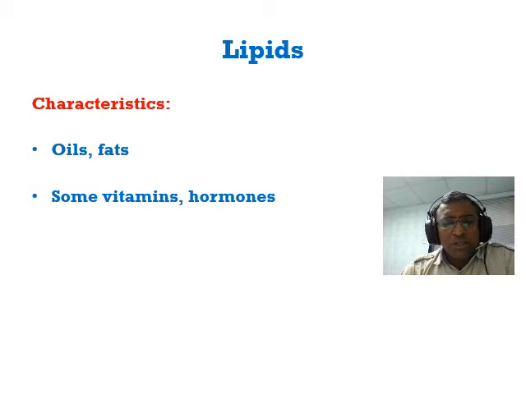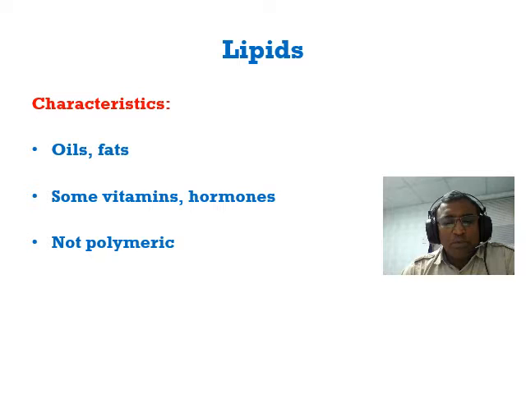These vitamins have been included as lipid simply because they are not soluble in water. The vitamins concerned are A, D, E, K, and the hormones are the steroidal hormones such as testosterone as well as estrogen.